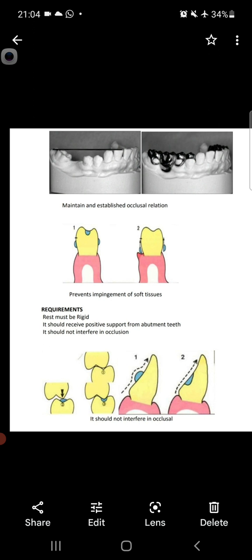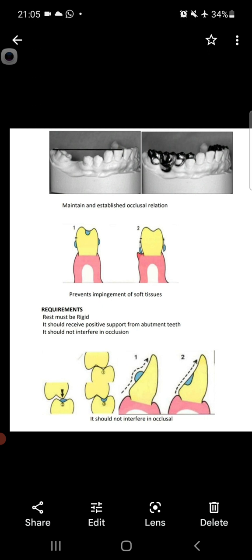Look at the fourth diagram, prevent impingement of soft tissues. In diagrams 1 and 2, prevent impingement of soft tissues.